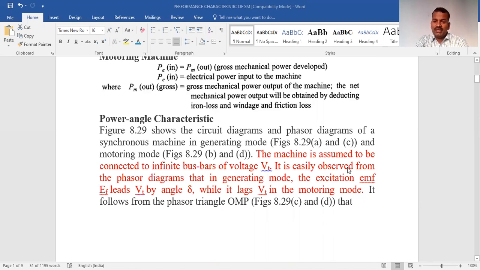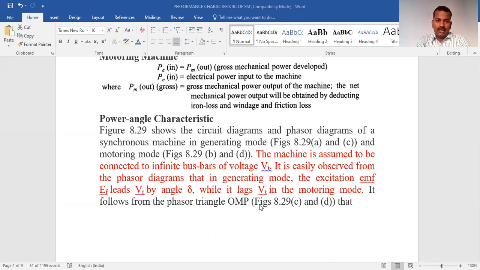Now, power angle characteristics. The machine is assumed to be connected to infinite bus bars of voltage Vt. It is easily observed from the phasor diagram that in generating mode, the excitation EMF Ef leads Vt by angle delta, while it lags Vt in motoring mode. What does it mean?